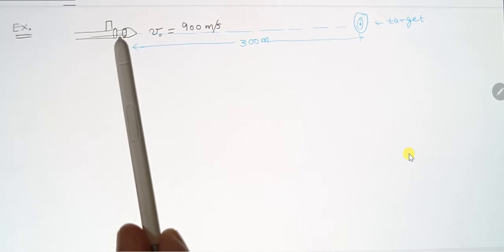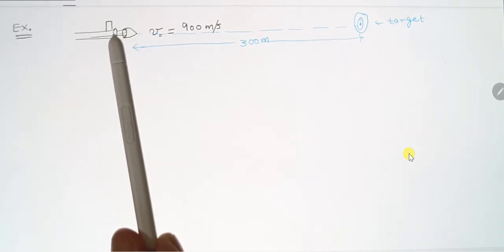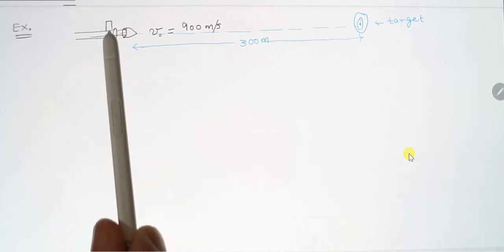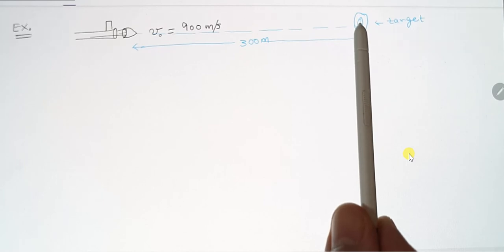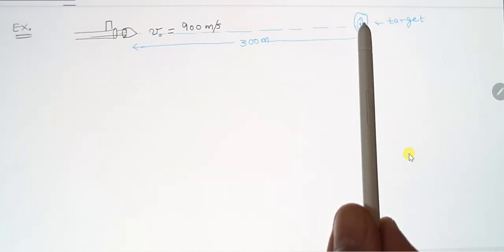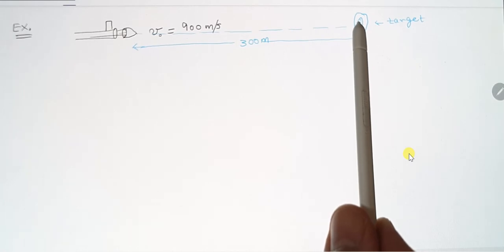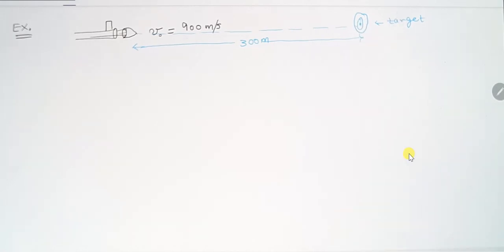Now a question: if I use a laser pointer and the laser pointer just hits the middle of the target, will I hit the middle of the target? No. That is correct. And why is that? Because gravity will pull the bullet down.